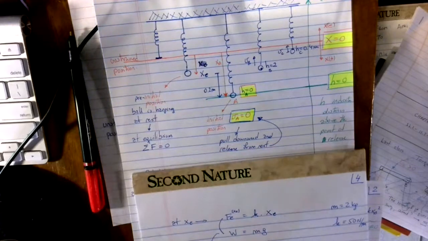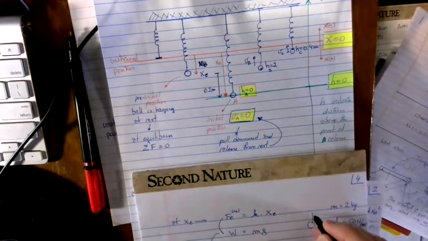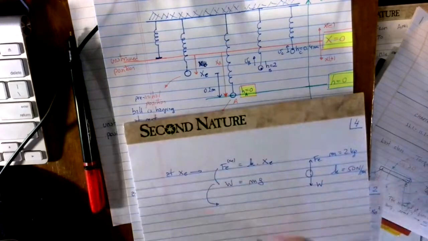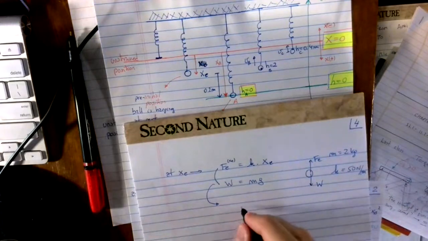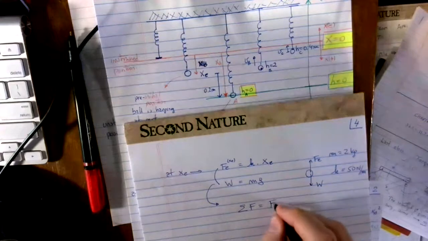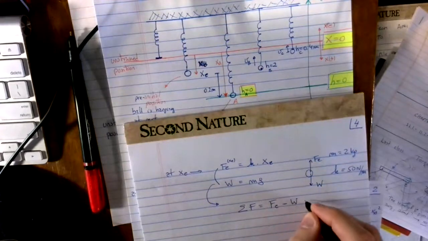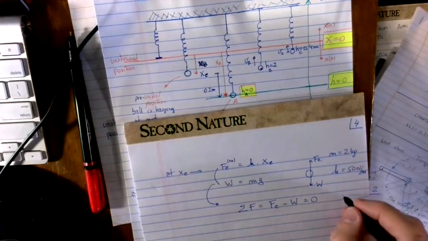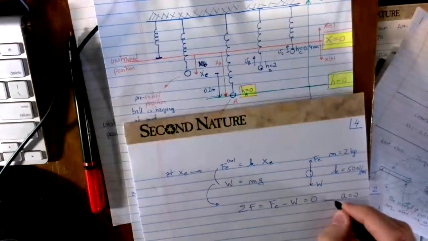We have the force Fe going up and the weight going down. So the sum of the forces is Fe minus W, and all this is equal to zero, because the acceleration is equal to zero.